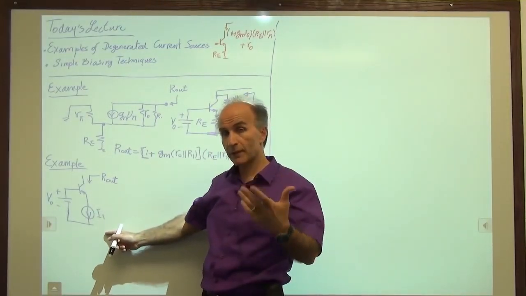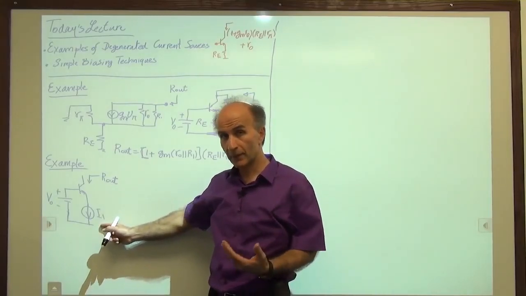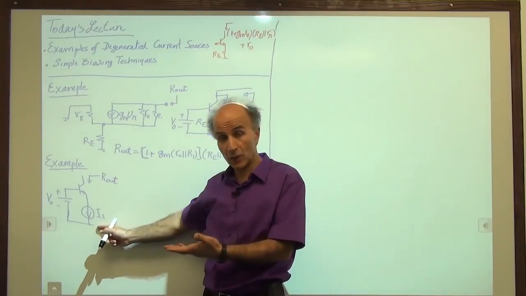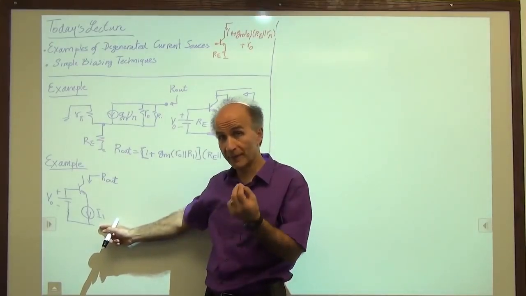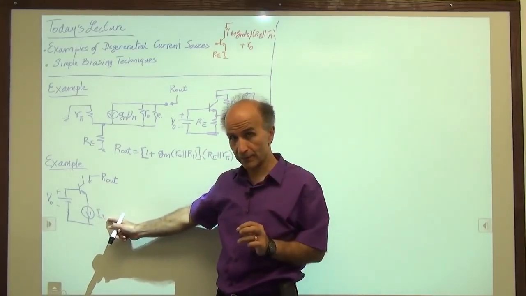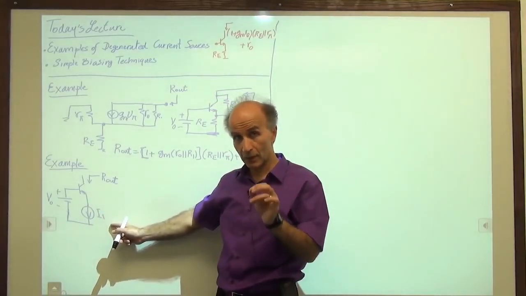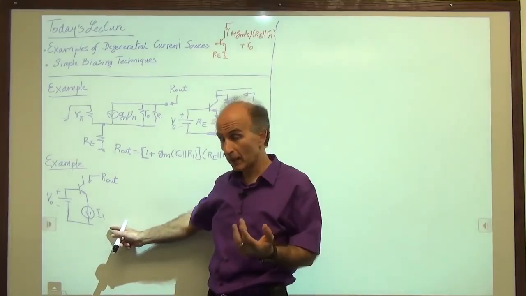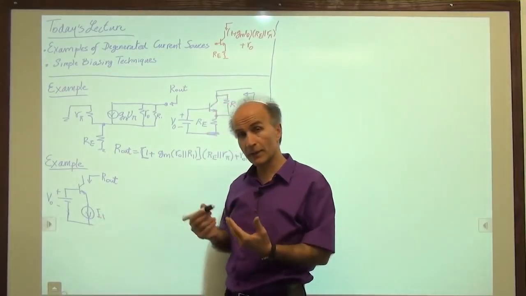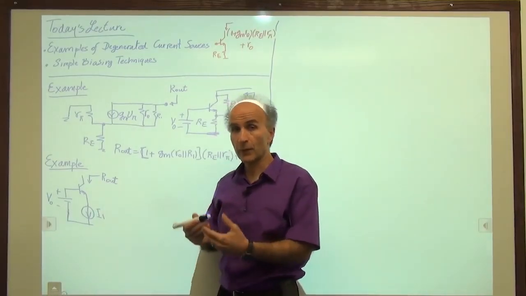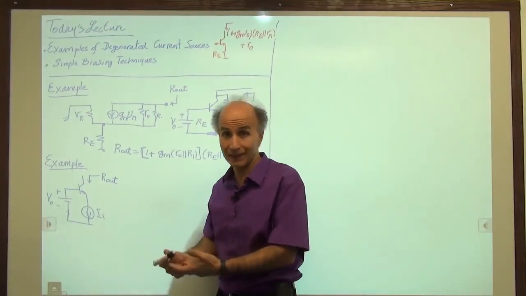When we go to the small signal model, what happens to this constant ideal current source? Because it doesn't change with time, because its change with time is 0, it will be replaced by a 0 current source. And a 0 current source, a circuit that doesn't carry a current, is an open circuit. So I1 in the small signal model will be replaced by an open circuit. An open circuit has a resistance of infinity.